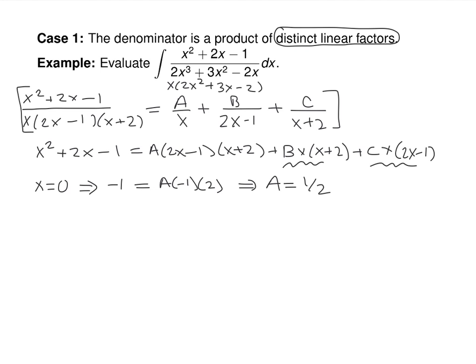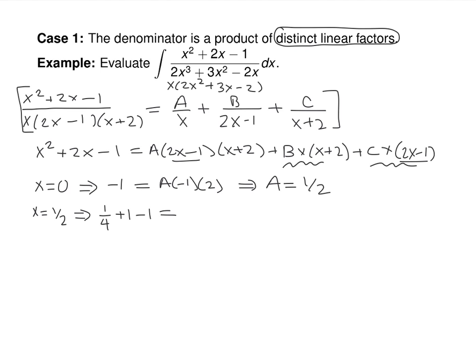Okay, next let's try to make everybody but the b go away. So that means I'm looking at trying to kill the (2x minus 1) factor and the (2x minus 1) factor. And to make that 0, you have to plug in x equals 1/2. Okay, 1/2 squared is a quarter. So a quarter, 2 times 1/2 is 1, so plus 1 minus 1.